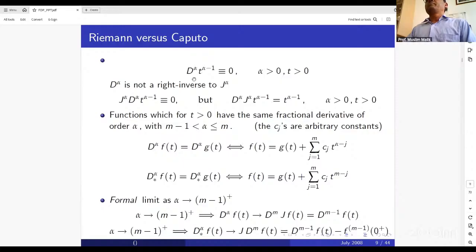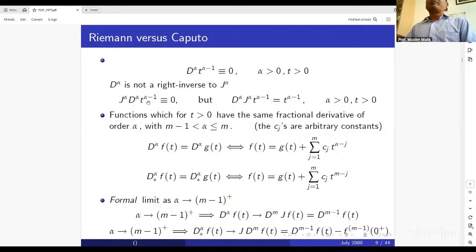That means if the order of the power function is less than the order of the derivative, then in that case we will have it equal to 0. Okay, so in this case we have J^alpha D^alpha t is 0, but here you can see that in one case you have J^alpha D^alpha of t to the power alpha minus 1 equal to 0, and in the other case we have not equal to 0.